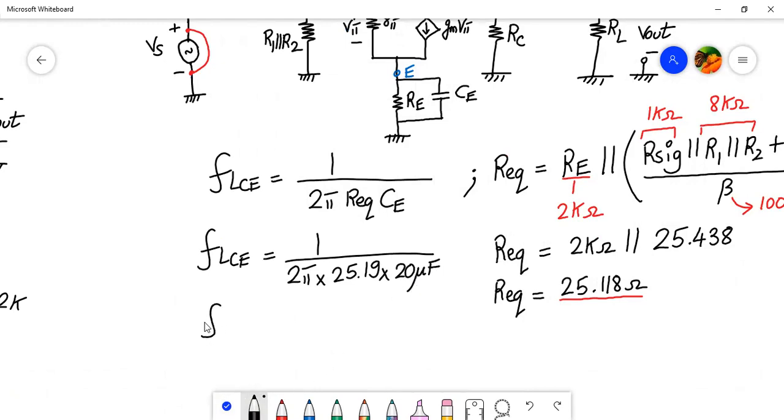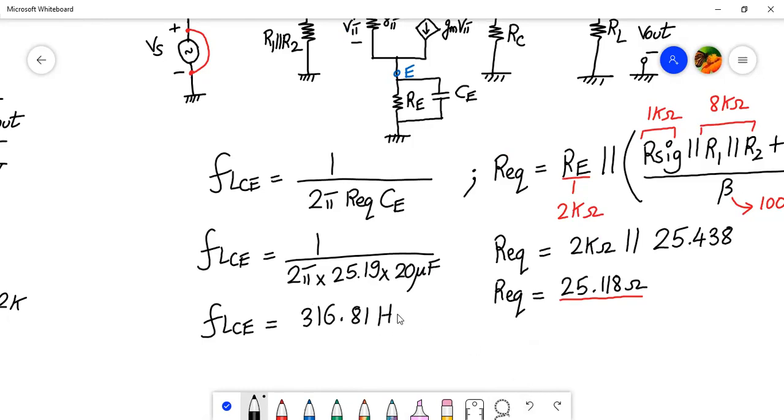So what's the value of FL of CE? Substitute the values in the calculator, 1 upon 2 pi into 25.19 into 20 microfarad. So this value is coming out to be 136.81 hertz. Okay, so that's the value of FL of CE which we are getting.